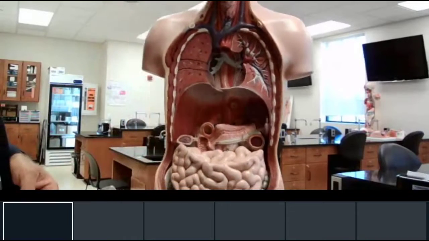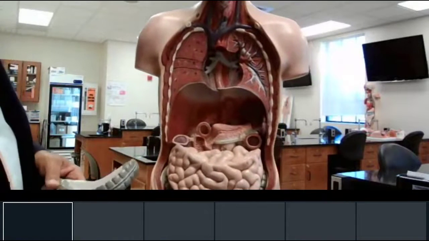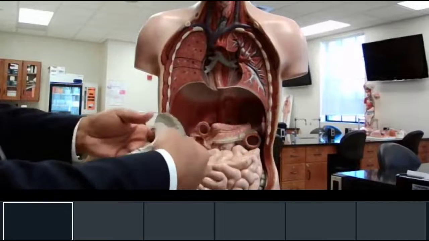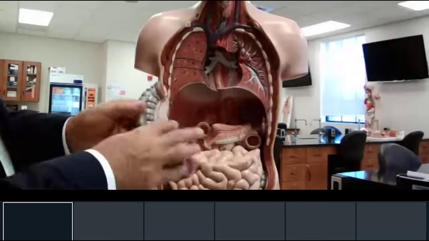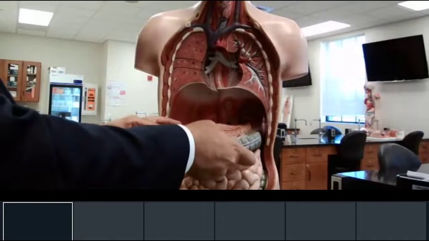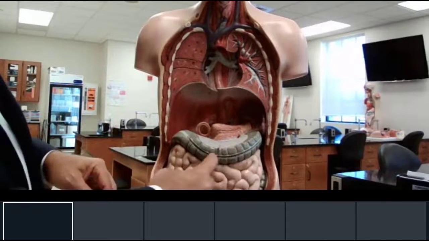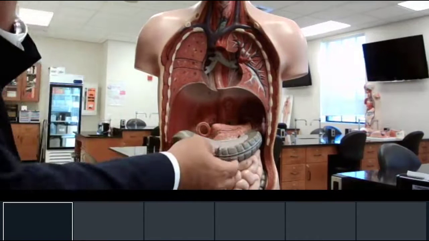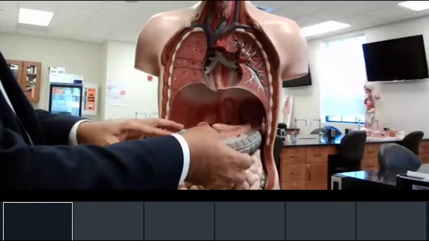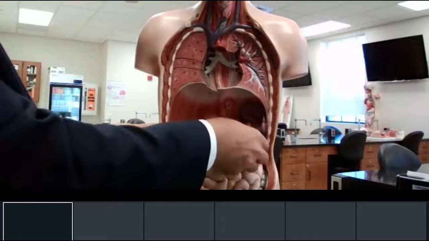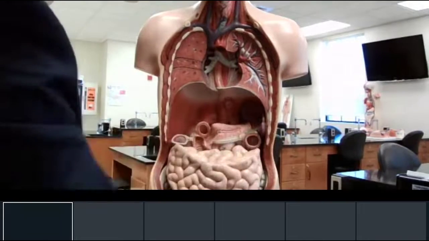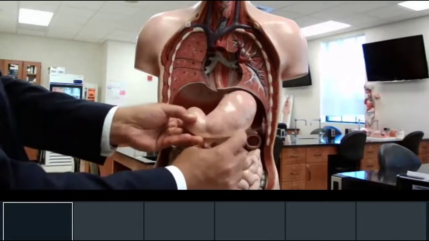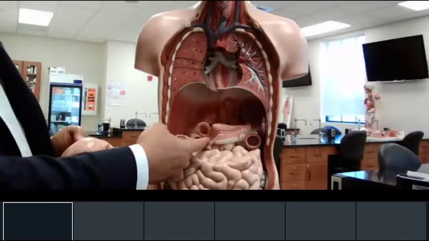The duodenum. Okay. So what I have here, this structure, is the transverse colon, which is part of the large intestine, right? We'll talk about that in a moment, but I want to show you that right behind the stomach, we have the pancreas.